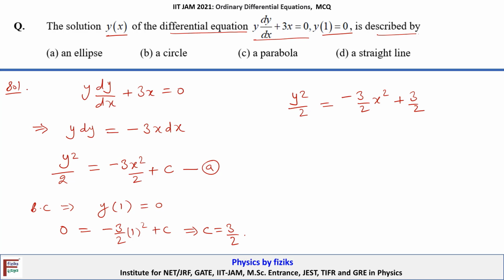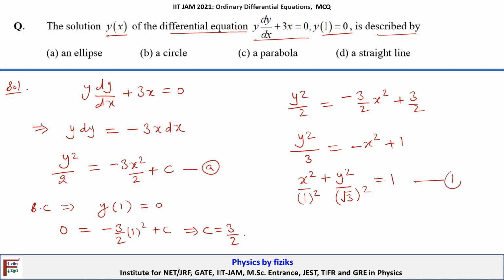Now dividing by 3 by 2 on both sides, we can write it as y square divided by 3 is equal to minus x square plus 1. Now rearranging this term, we can write it as x square plus y square by square root of 3 to the whole square, and of course we can write it as here 1 and its square is equal to 1.